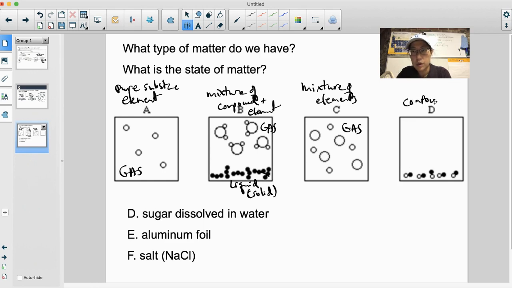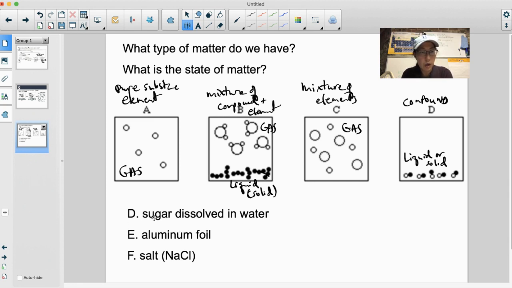This is a pure substance because every piece looks the same. So this is a compound, and it's just lying on the bottom. It doesn't look quite fixed, it's hard to tell, but you could say this is a liquid or a solid. It's not quite clear which one it is, but either one would be acceptable.